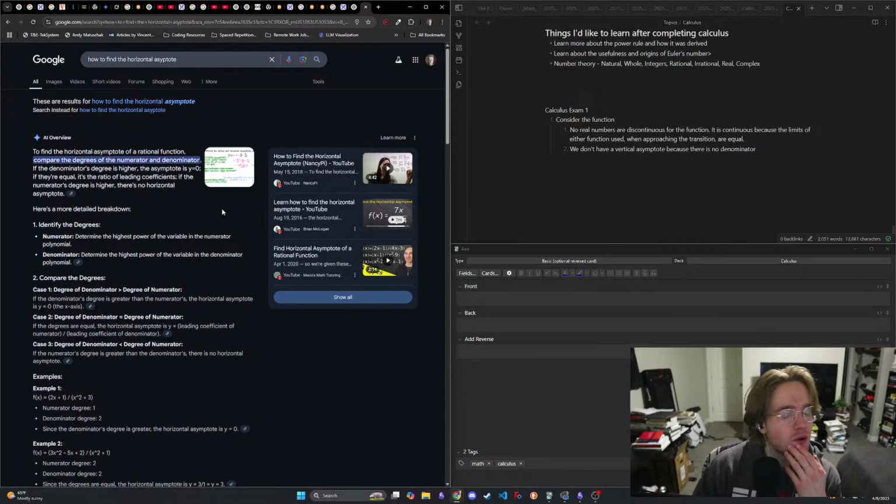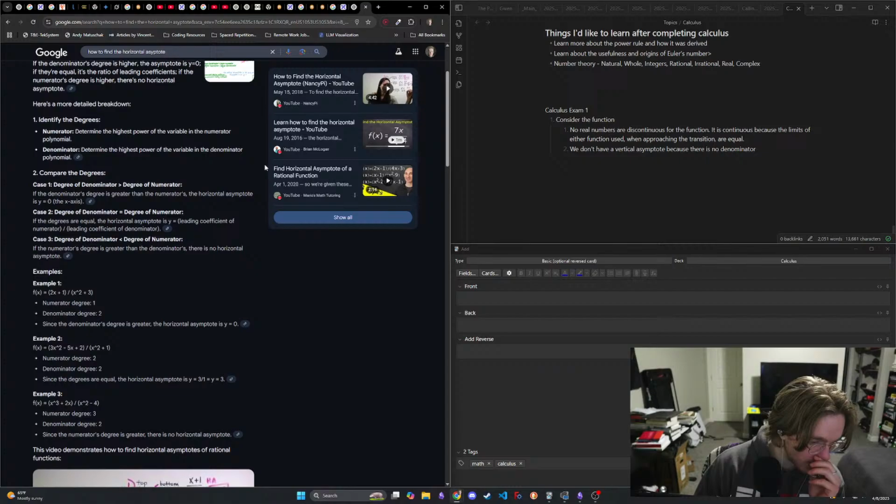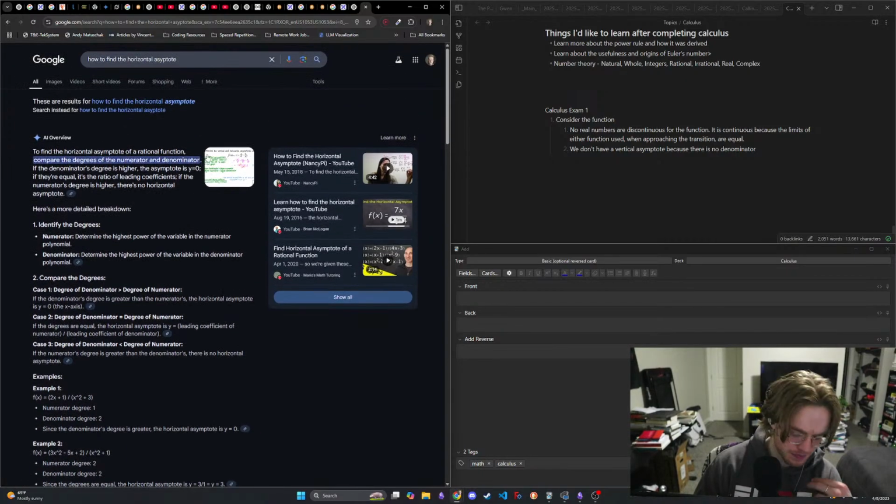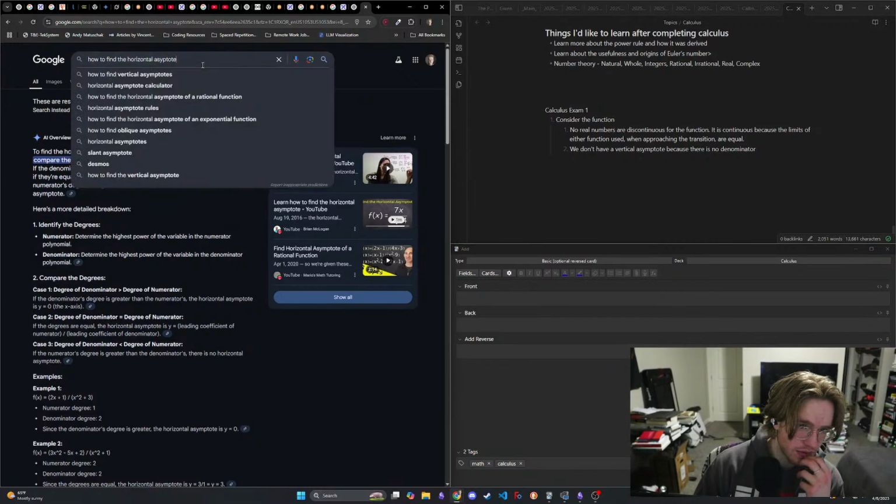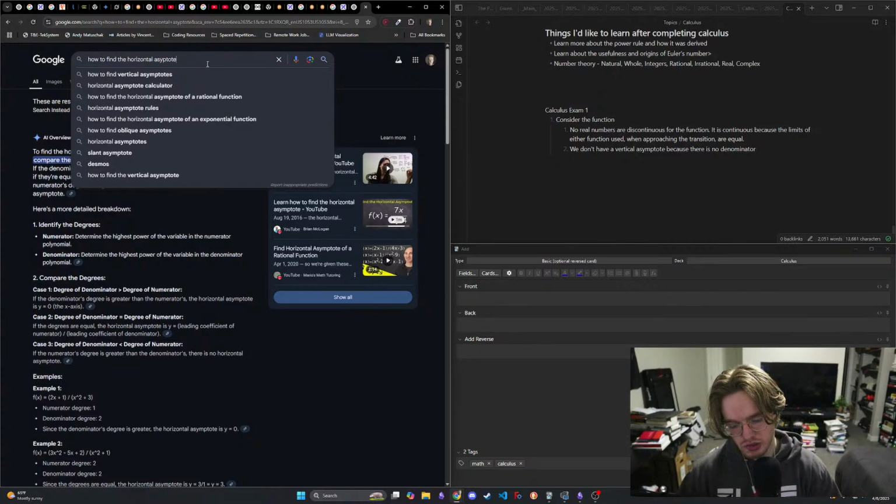Okay, so looks like there are just 3 different types here. I think when they're talking about degrees of the numerator and the denominator, actually, I don't know if they're talking about degrees of freedom, or this is dealing with exponents.